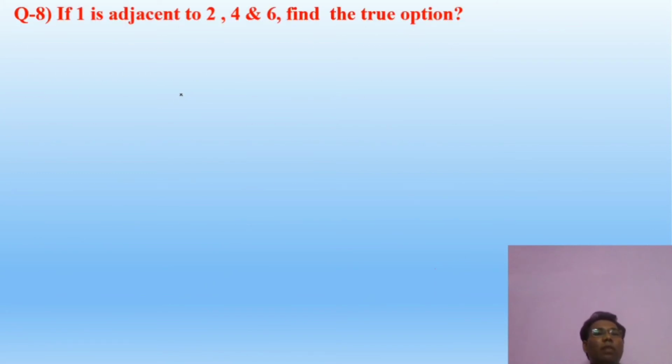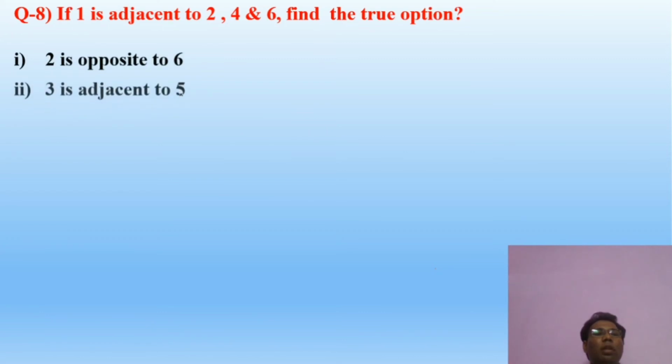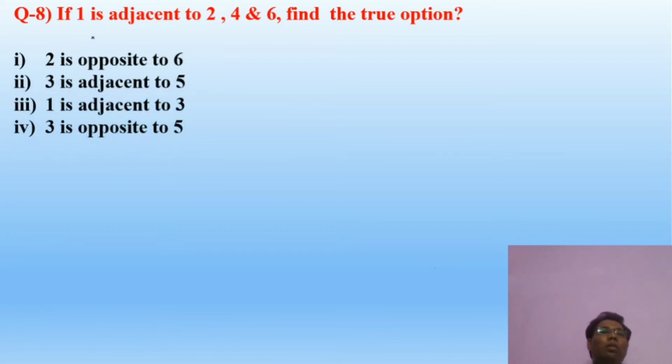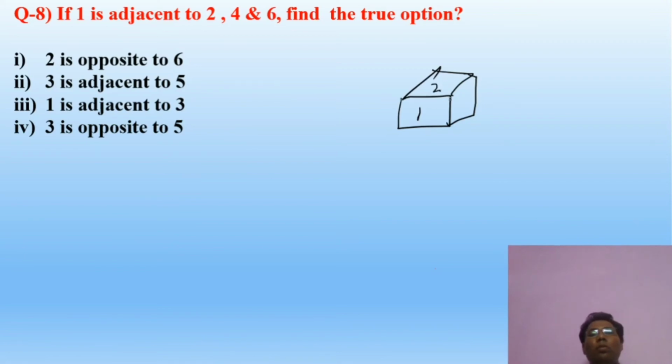These are a different type of question, and these are the options. The question says, if 1 is adjacent to 2, 4, 6, find the true position. Suppose 6 is here.